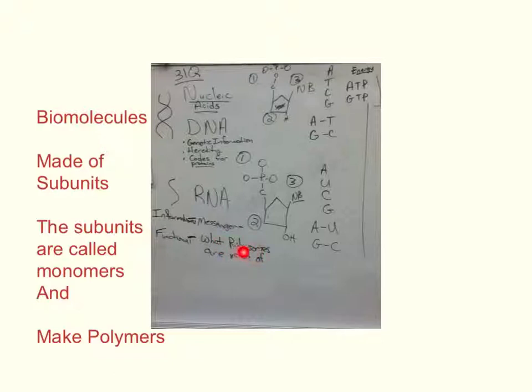Again, I just want to touch on that it's made of nucleotides, that it has phosphate, a nitrogenous base, and a ribose sugar. The difference is that this ribose, or somebody asked me in class, a pentose sugar, has an OH group, a hydroxide group, and because of that we call it RNA. When it doesn't have it, we call it DNA. And that's pretty much the concept behind nucleic acids.